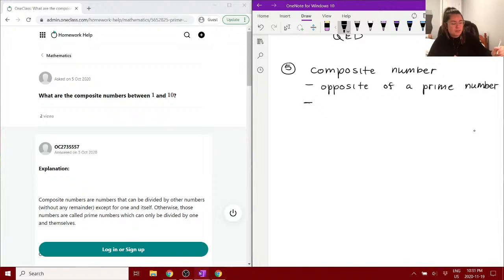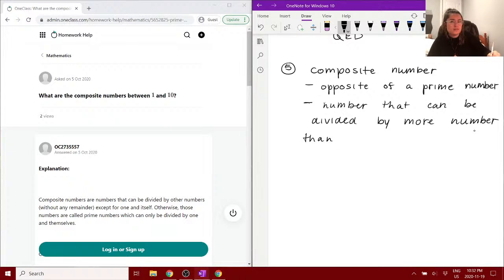But basically a composite number is a number that can be divided by more numbers than just 1 and itself, without leaving a remainder.